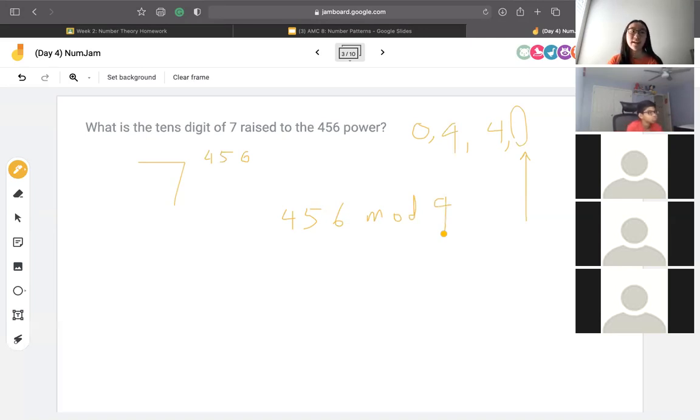It would just be an extra in your quotient. You wouldn't have it as a remainder because the remainder always has to be smaller than the divisor. So basically, if the remainder is 0, it's going to be the last number in the pattern. And the answer here is 0.